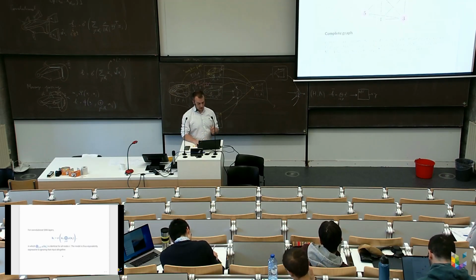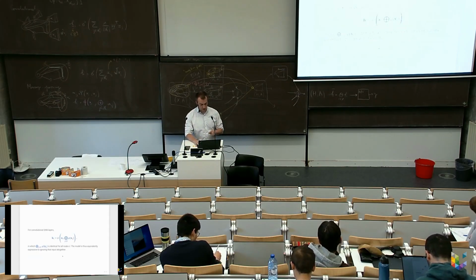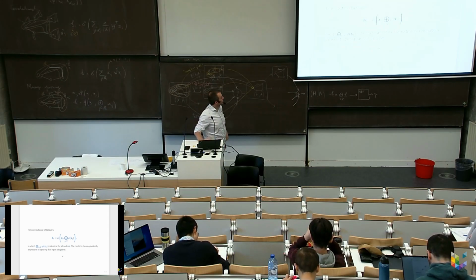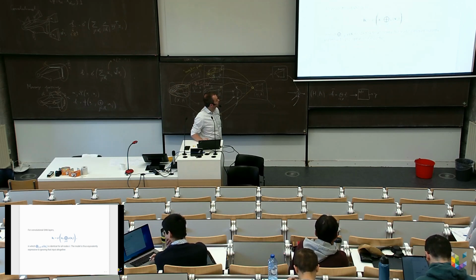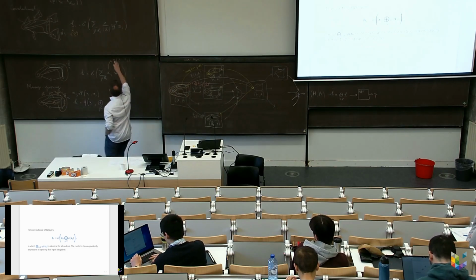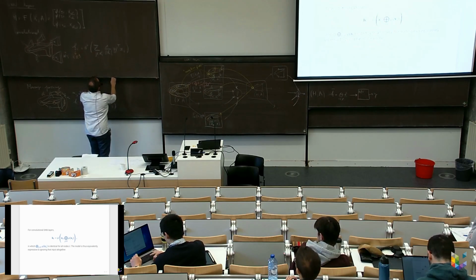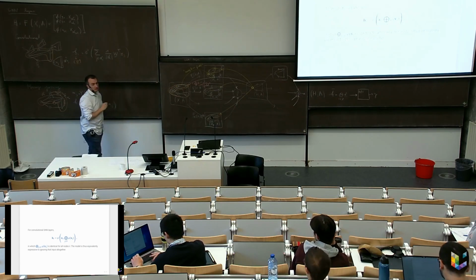Okay, and then in this special case, the case of complete graphs, it's interesting to think also about what happens to convolutional GNN layers and then attentional layers. So for the case of convolutional GNN layers, since all nodes are connected to one another, this quantity actually is the same at every node.